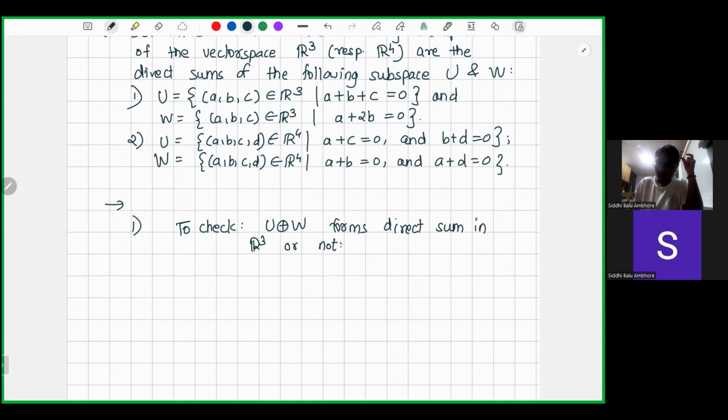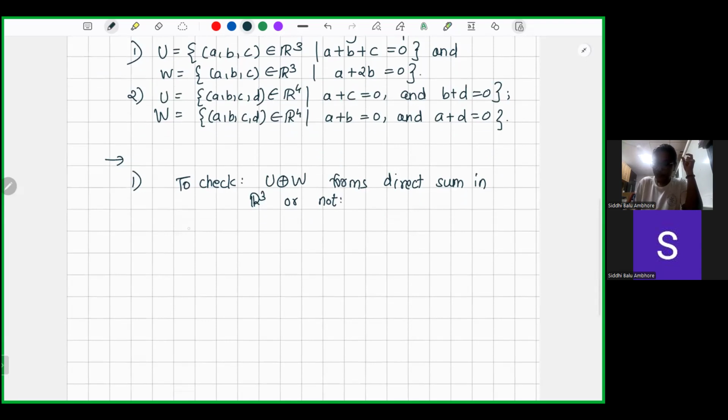That is, we have to check whether U intersection W is just 0 or not.